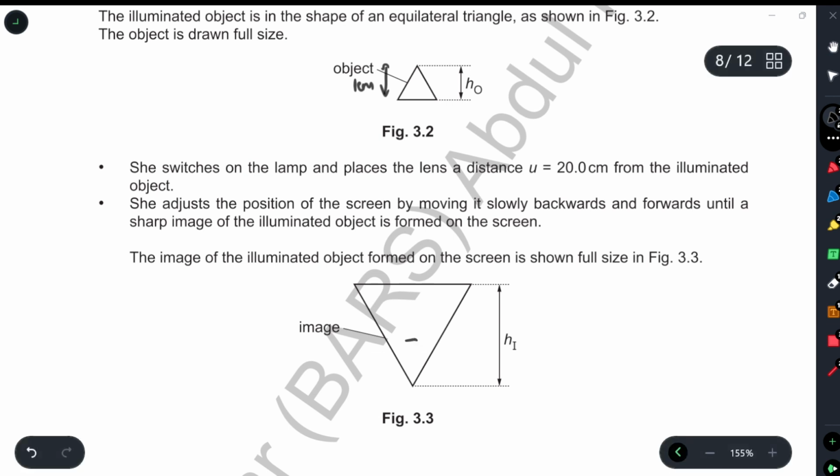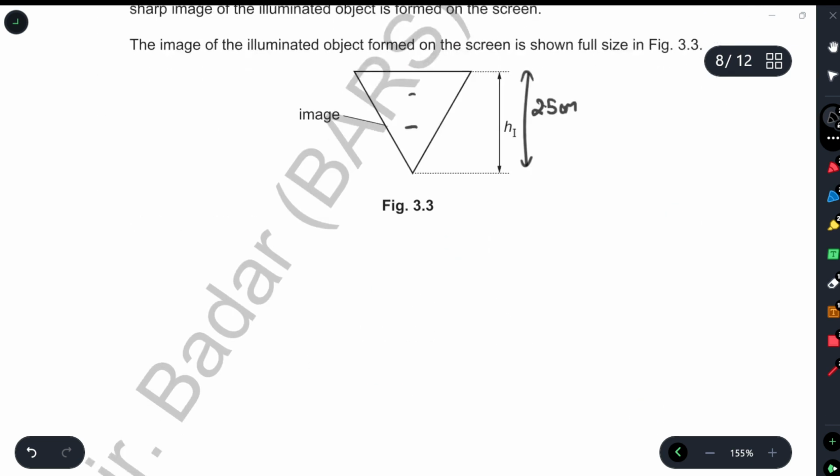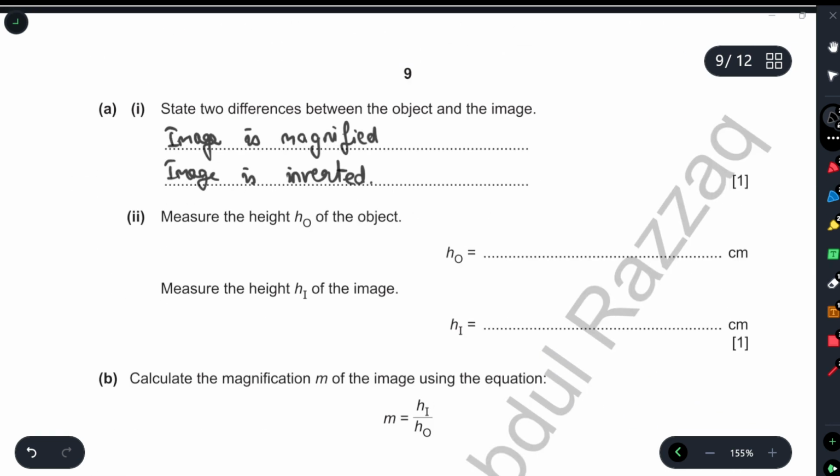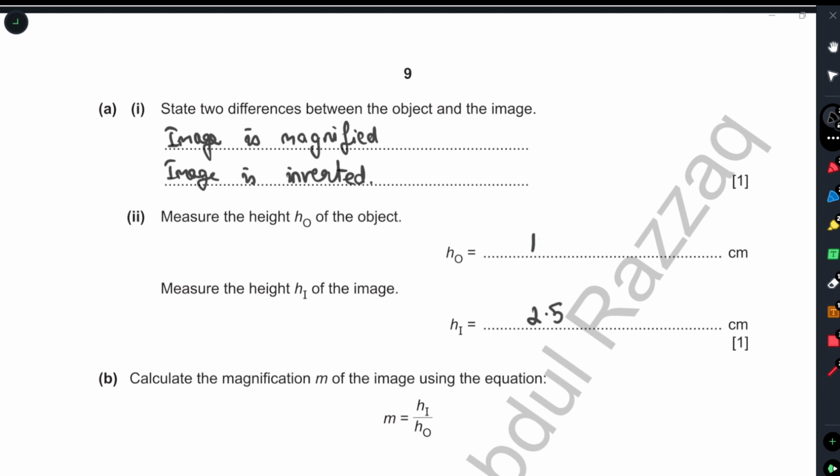So this is 1, this is 2, yeah, so 2.5-ish centimeters. ठीक है. So again, आप marking scheme से confirm करेंगे कि what's the correct. So the height of the object I'm assuming is 1 centimeter. The height of the image I'm assuming is 2.5 centimeters. Again, we don't necessarily need to write the units here. वो यहाँ पे लिखे हुए हैं, so we can skip that.